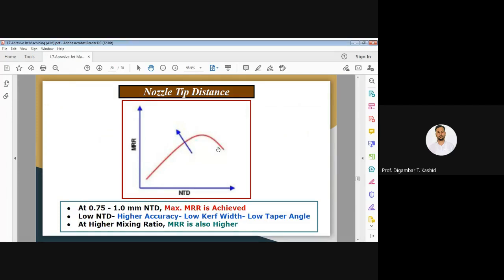That is why material removal starts decreasing beyond an optimal value. So this is about the effect of the nozzle tip distance on the material removal.